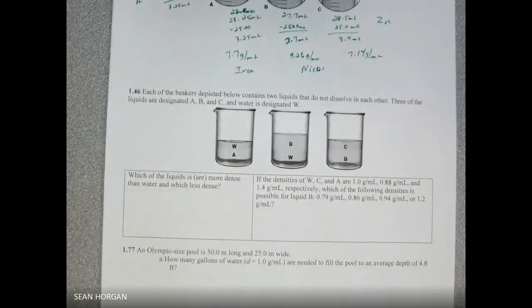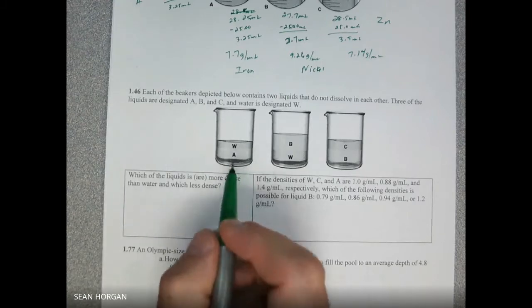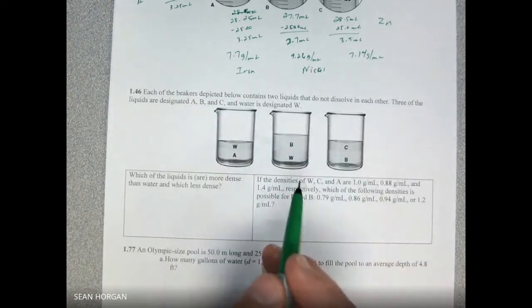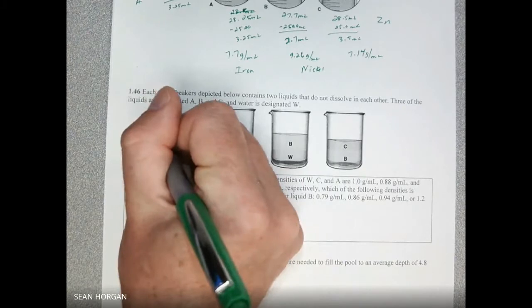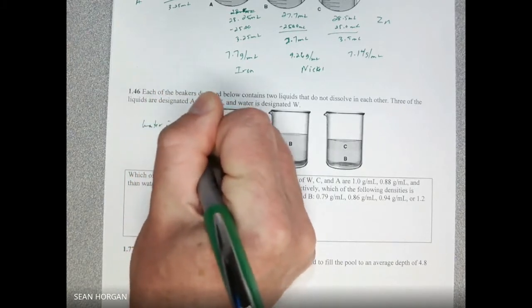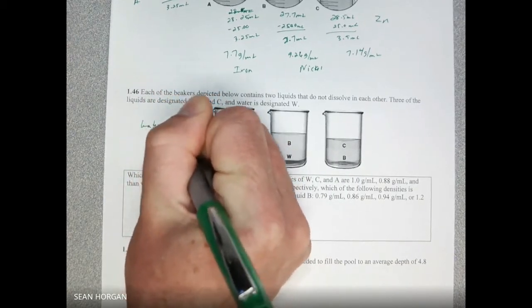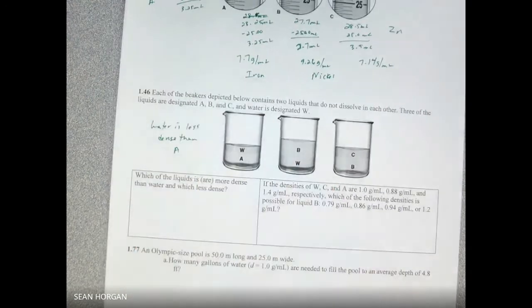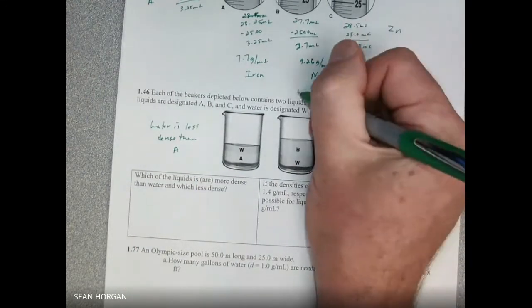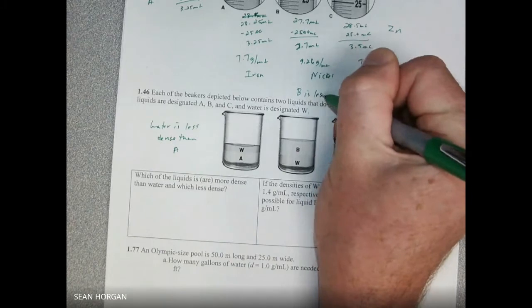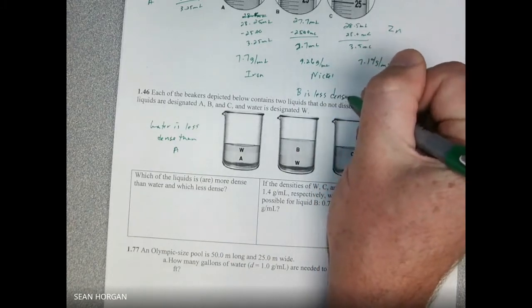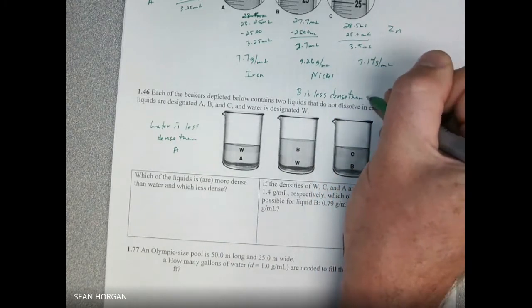Okay, each of the beakers depicted below contains two liquids that do not dissolve in each other. Three of the liquids are designated A, B, and C, and water is designated W. So we look at the first one, and we can see that water is on the top, so it's less dense than A. And then in B, we can see that B is less dense than water, right?